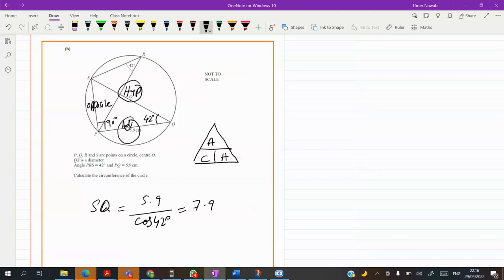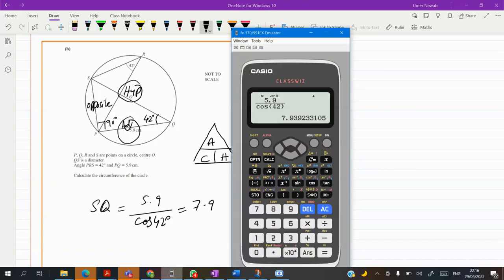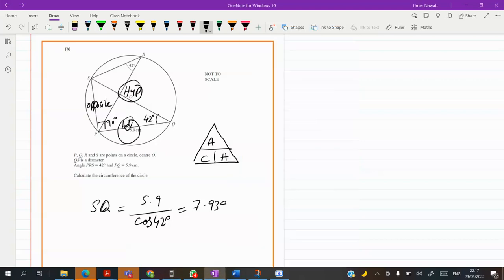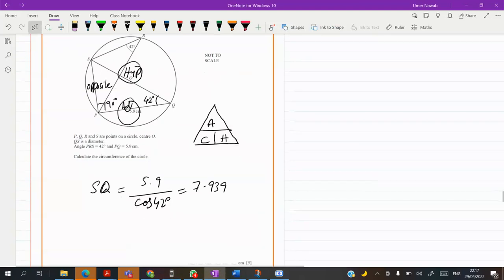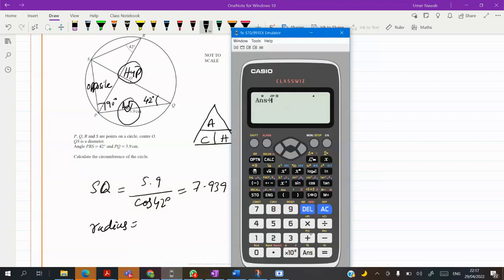Write it to four significant figures, 7.939. And take the half of this because this is the diameter. So what is your radius? Divided by 2 gives us 3.97.